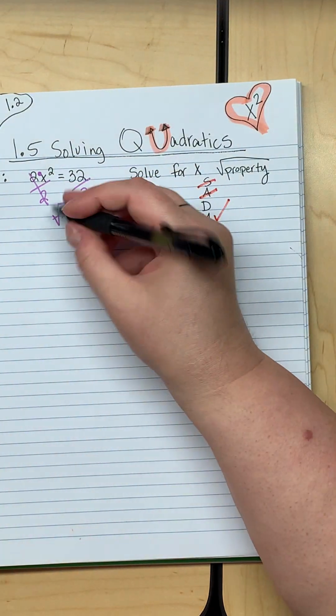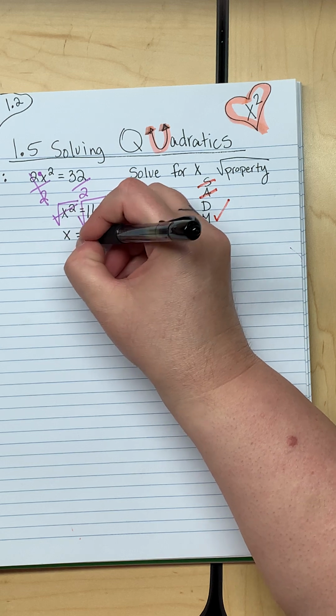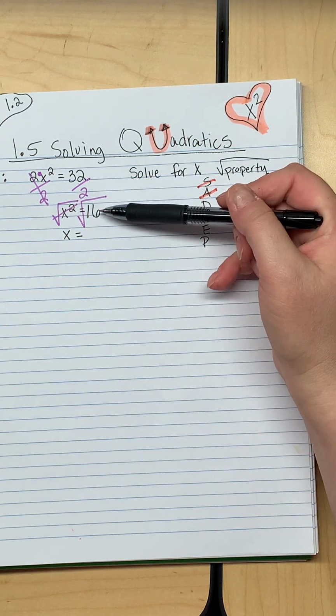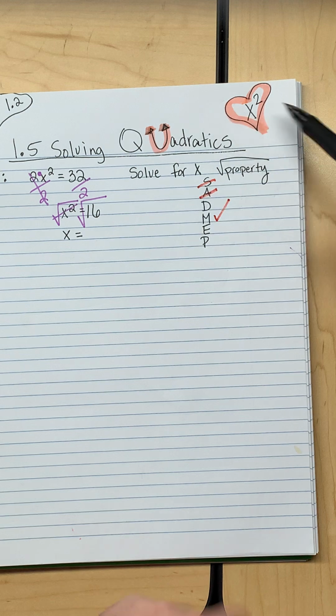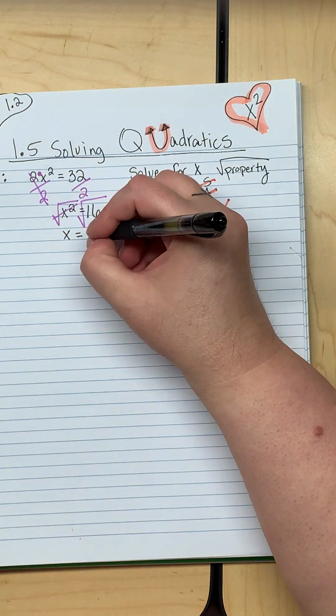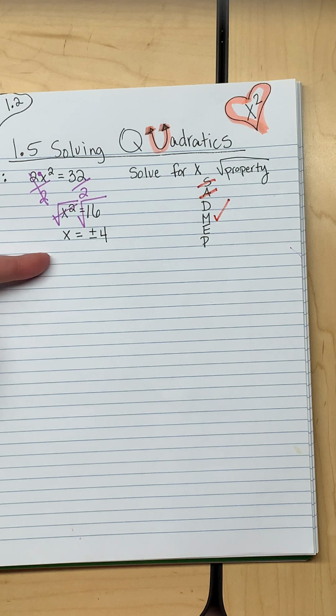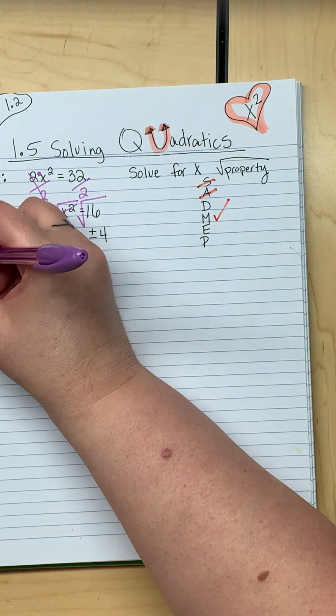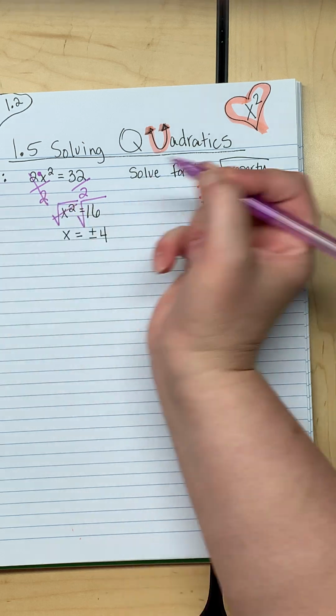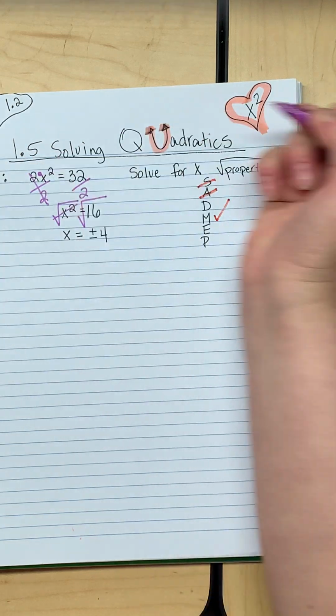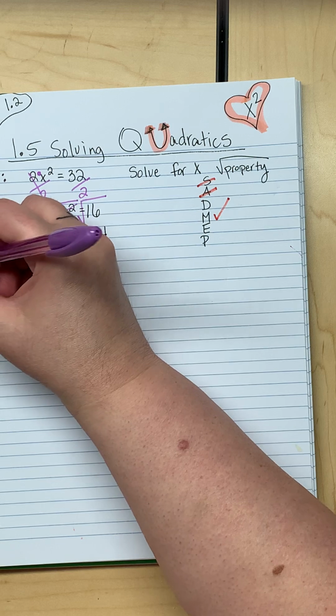And all you have is that good old boy x equals, and then whatever the square root of 16 is. And the square root of 16 is plus and minus 4. And if you're wondering where the heck that came from, it's because 4 times 4, or 4 squared, is 16.